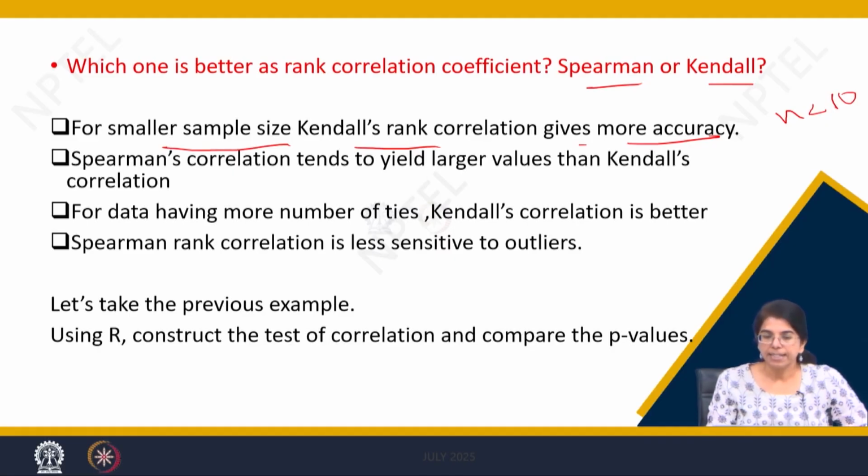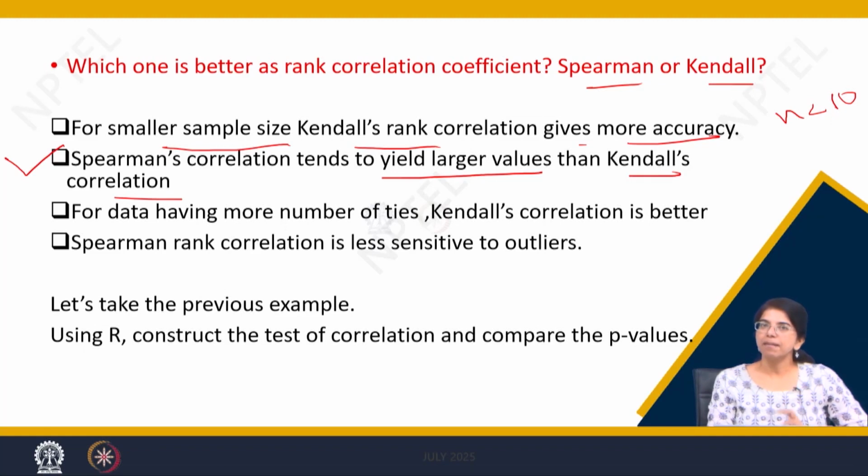Spearman rank correlation tends to yield larger values than Kendall's correlation. This fact you can check with any example which we have done. Take one example, and for the same example try to find out Kendall's tau and Spearman rank correlation just by using the code method equal to "spearman" or method equal to "kendall".